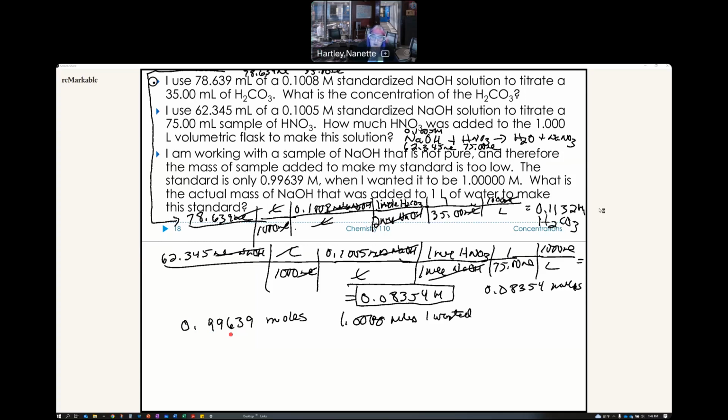So this is how many moles were added, correct? So if that's how many moles were added, 0.99639 moles, and the molecular weight of NaOH is 22.990 plus 15.999 plus 1.008, which is 39.997.